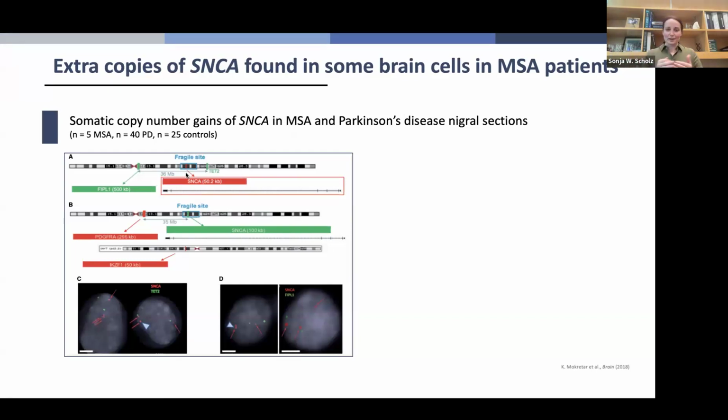So you could imagine I can screen your blood as much as I want, but the mutation is only present in brain cells. Now, we don't know how frequent that is across the MSA patient population, but again, it really highlights that we need to focus very closely on the SNCA gene.